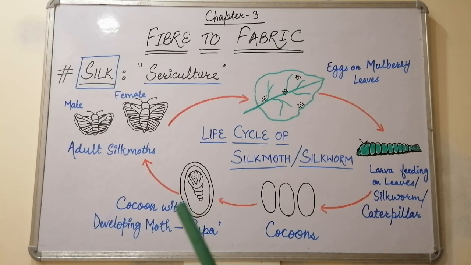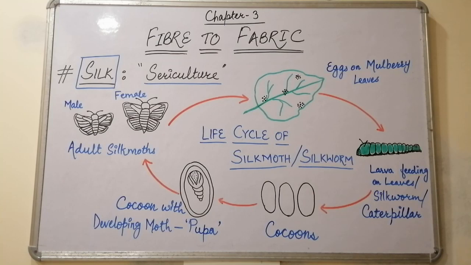Now when this pupa matures, the developing moth becomes adult. What will happen? The cocoon will break, as you may have seen the way a butterfly comes out from its cocoon or outer shell.